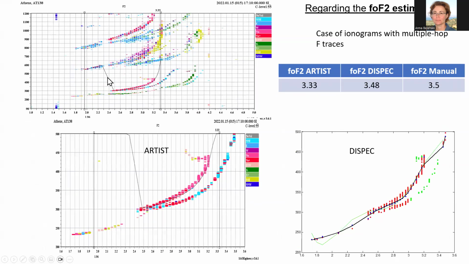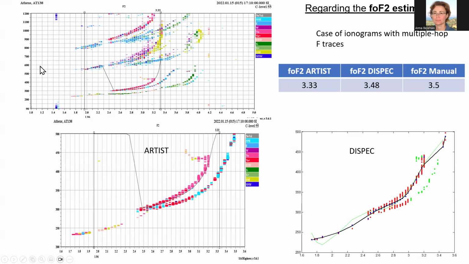In this case, ARTIST started to identify as a trace the second reflection of the F2 layer and then continues to the first reflection, which has as a result an incorrect calculation of the profile.